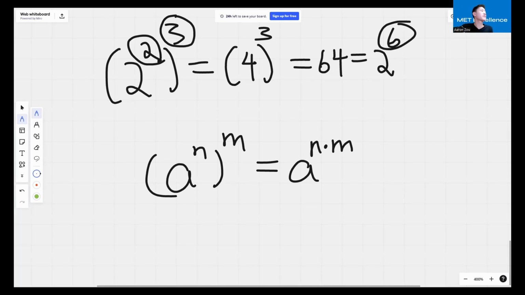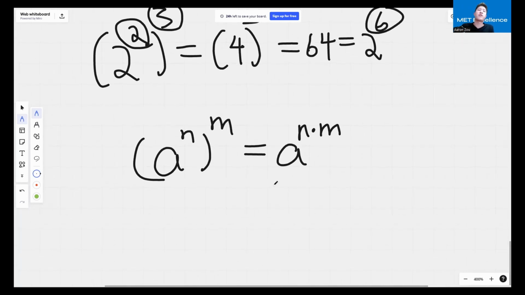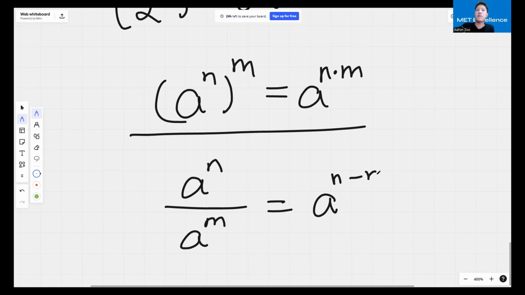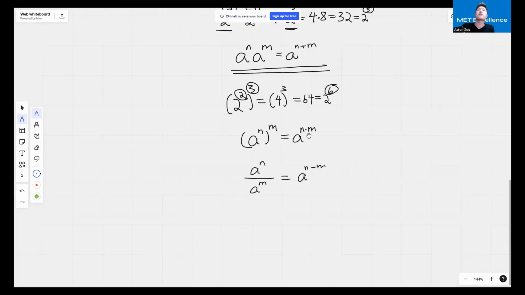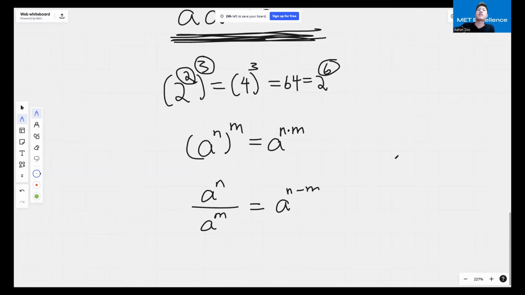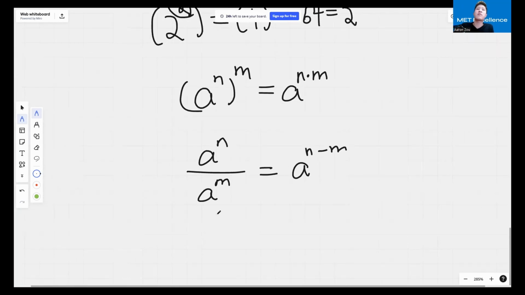All right. Now let's go over to the third one. Coming from this rule, we have another rule, which is a to the n divided by a to the m equals a to the n minus m. This rule right here comes from the very first rule, right? And that's because when we are dividing by something, we can just write that as the minus exponent.